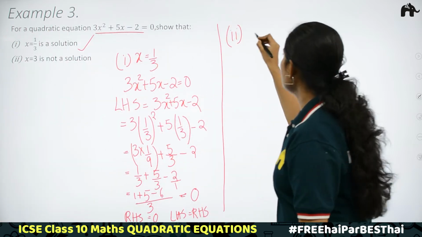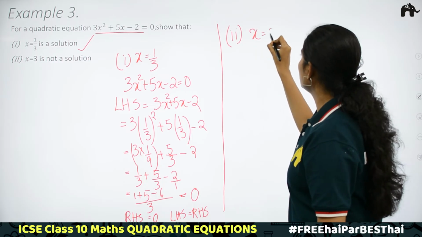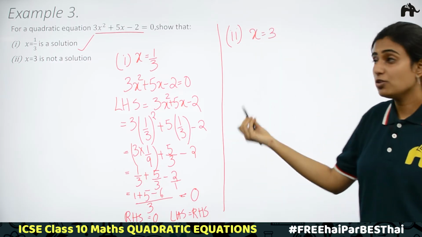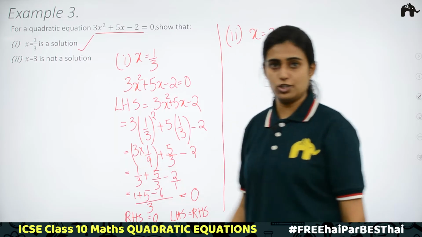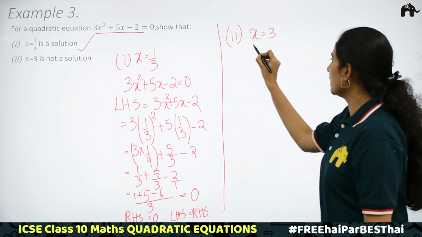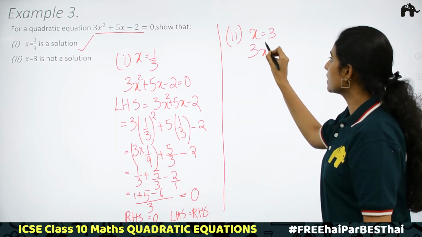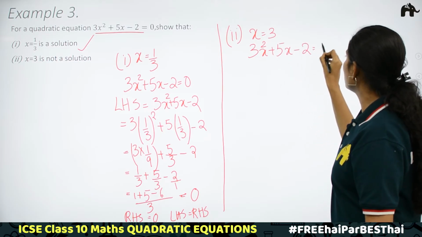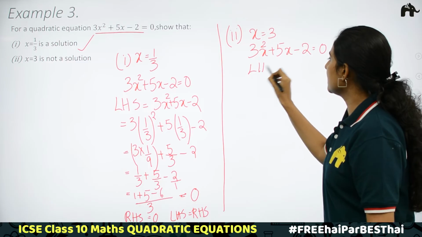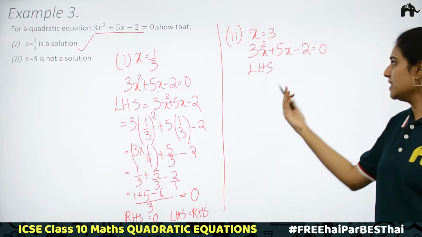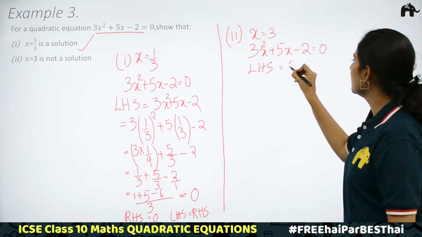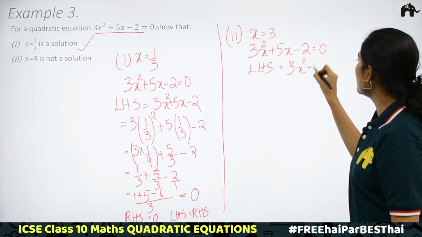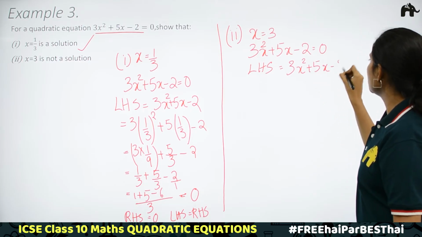In the second part, we have to show that x is equal to 3 is not a solution. Take the given quadratic equation, 3x square plus 5x minus 2 is equal to 0. What is the LHS? Same steps. LHS we have 3x square plus 5x minus 2.